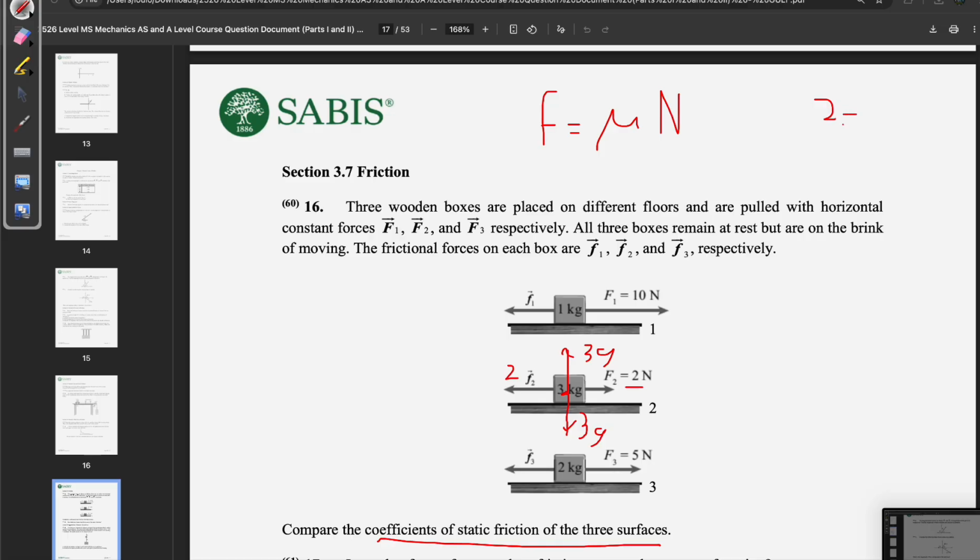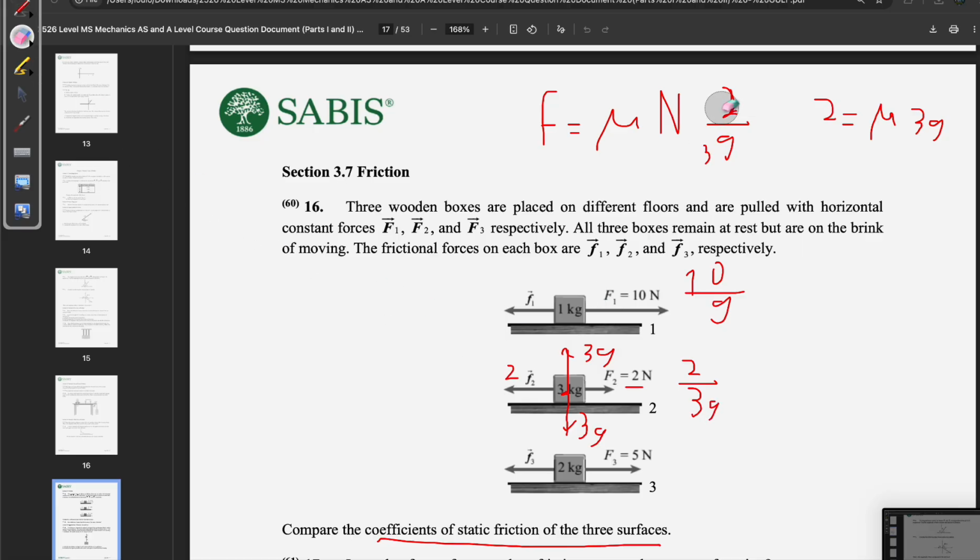So 2 is equal to mu times 3G. So wait, this was 10 over G. This is 2 over 3G.